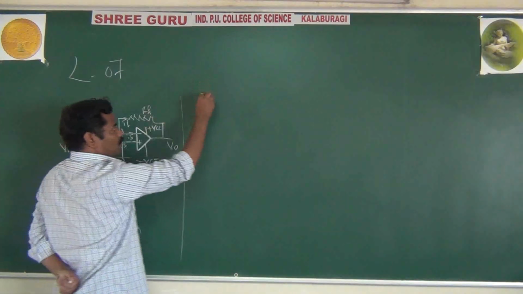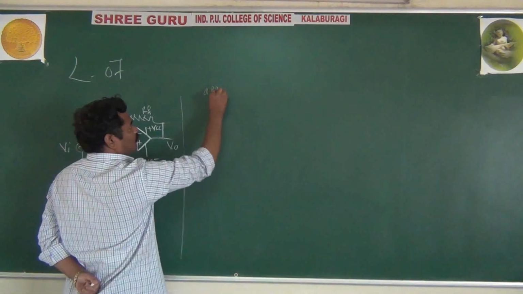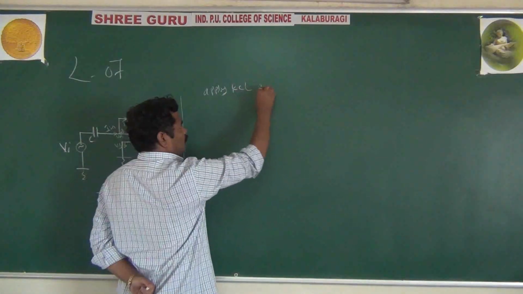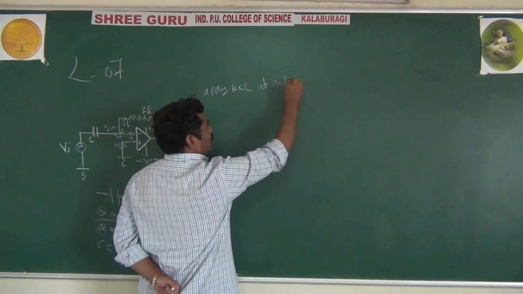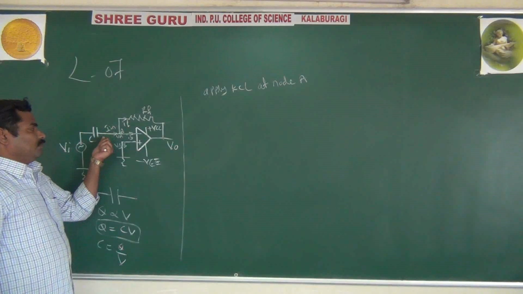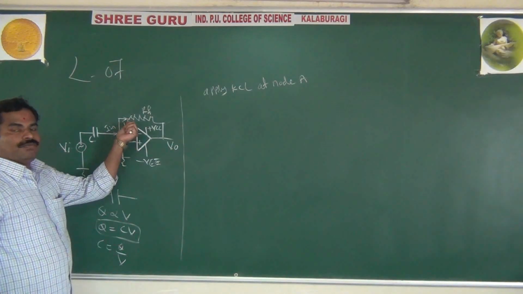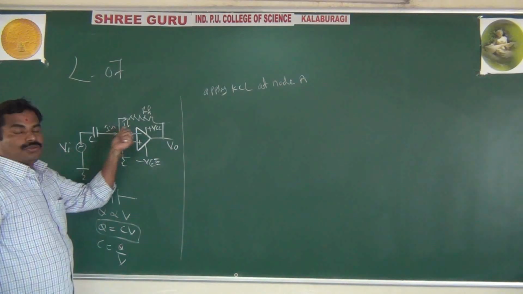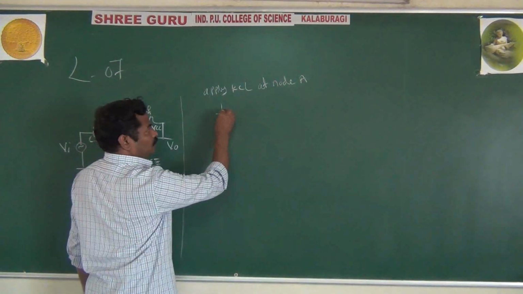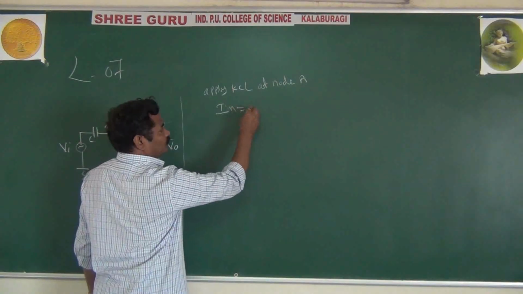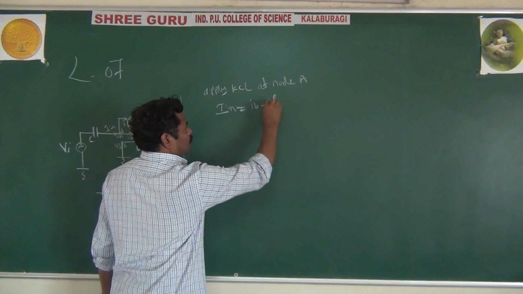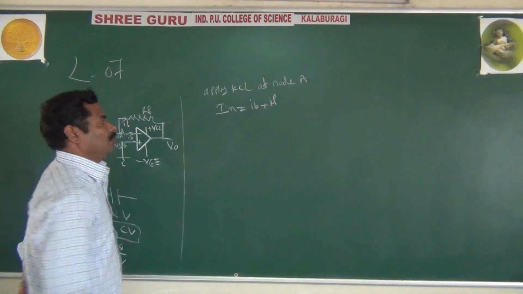Apply KCL at node A. As usual, IN is equal to IB plus IF. As we know, the incoming current is equal to the outgoing current. According to KCL, write IN equal to IB plus IF.